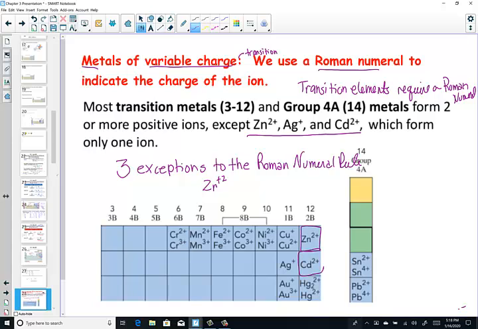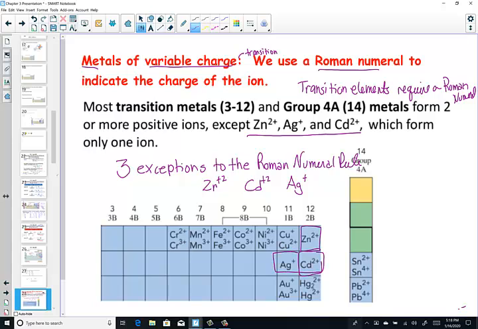The next is cadmium. Cadmium +2 does not receive a Roman numeral. It doesn't need it because it's always +2. And the third is silver, Ag+. Do not give a Roman numeral to silver because it's always +1. We know that. You do not tell me that. I already know it, so no Roman numeral.